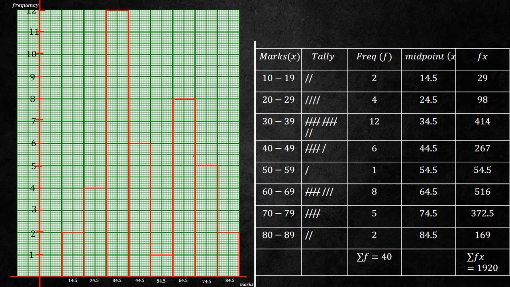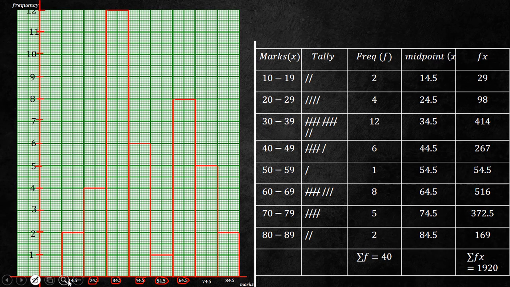Now we have this over here to be our histogram, and of course with the midpoint you realize that the marks over here are at the middle of the bar. So we take our marks to be at the center of these bars, at the middle of the bar, so you can see that we have them at the middle of these bars.